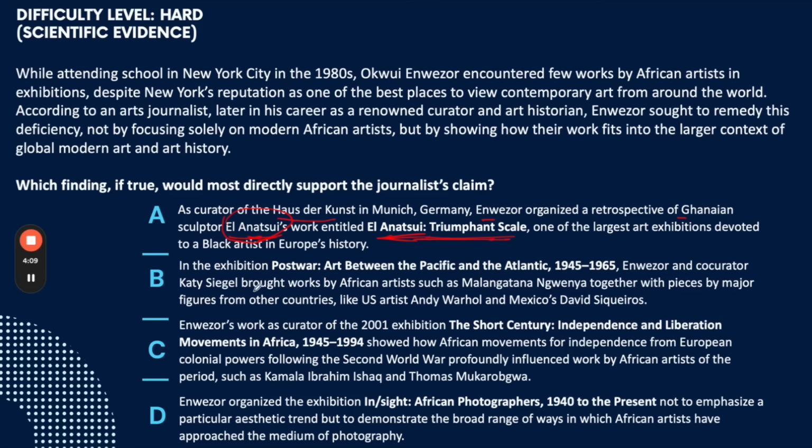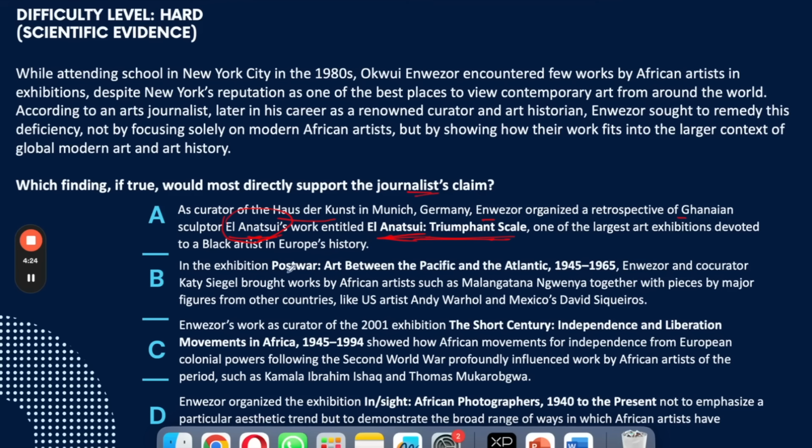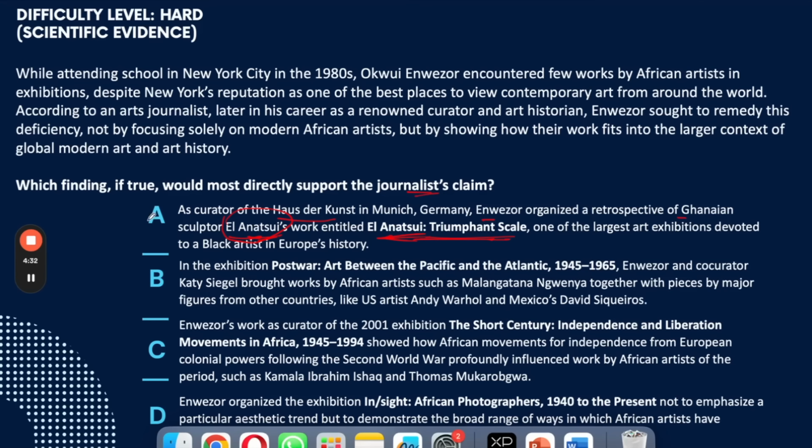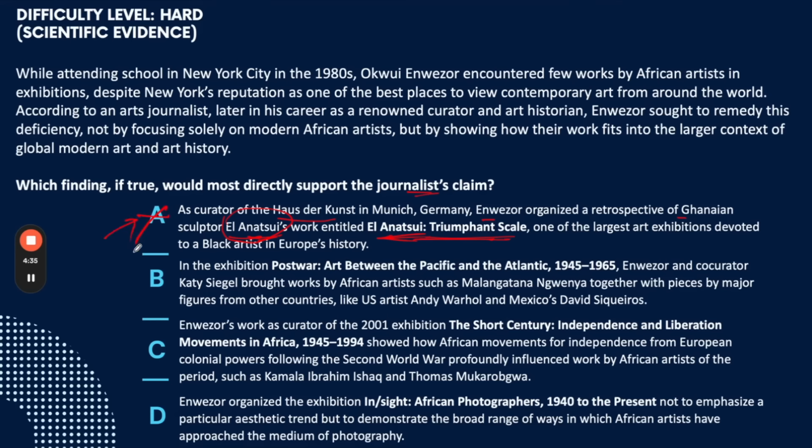But is that what we are trying to show? Is that what the journalist's claim was? Was it focused around one person? No, right? This particular option shows that OE was focused on one particular African artist, rather than integrating African art into a broader global context. So that is why this is an incorrect option, because this is focused only on one artist, right?